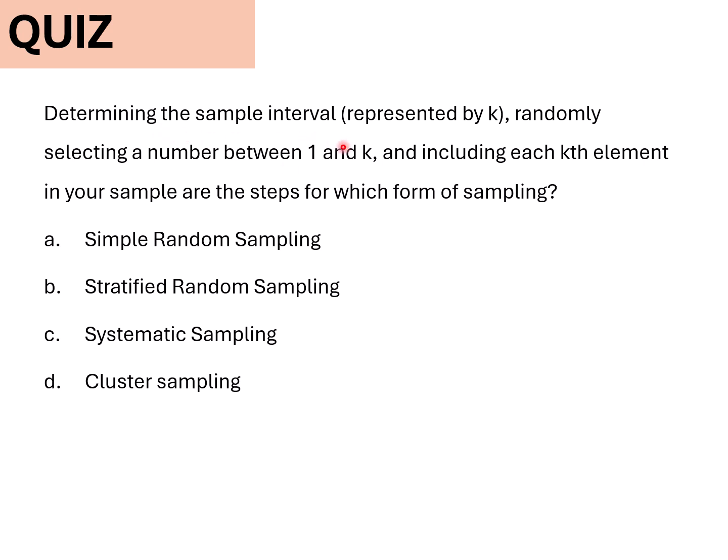Determining the sample interval, randomly selecting a number between 1 and k, and including each kth element in your sample are the steps for which form of sampling? Simple random sampling, stratified random sampling, systematic sampling, or cluster sampling? It is systematic random sampling.